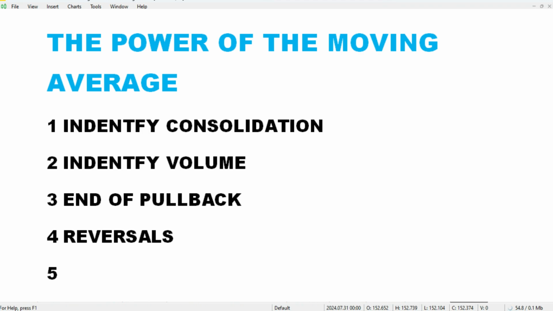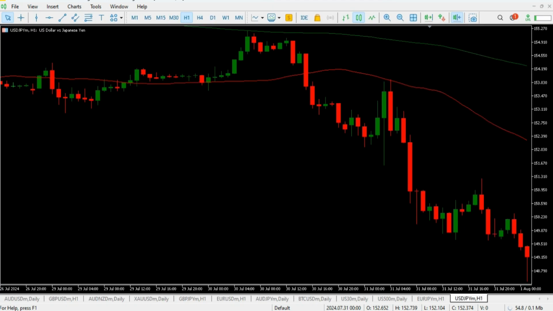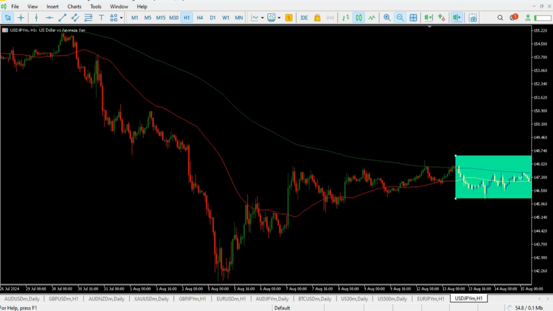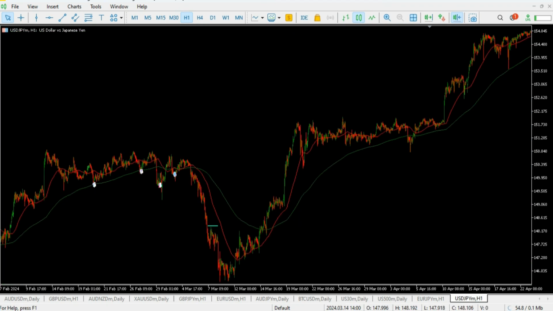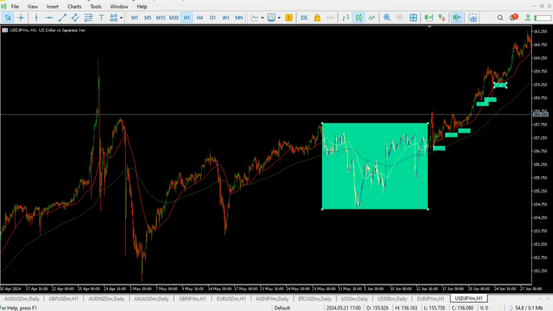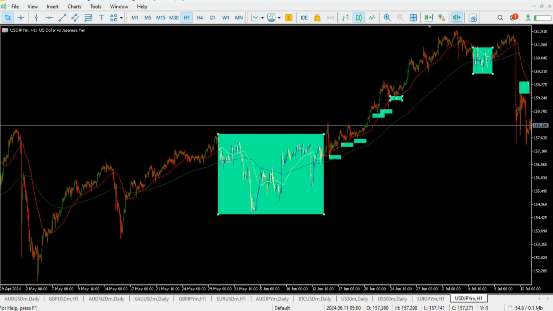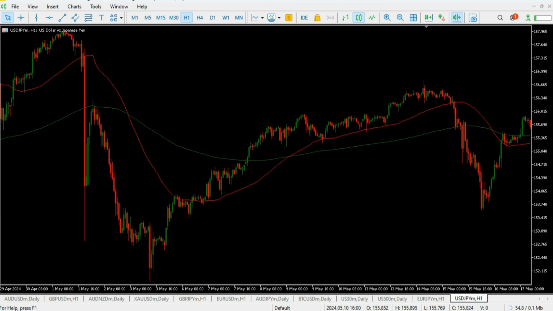Let's go down to the USD JPY chart and see how we can utilize the 200 exponential moving average to identify reversals in the market. We are testing our system on USD JPY because it's a very tricky pair, to ensure that our system is in place.